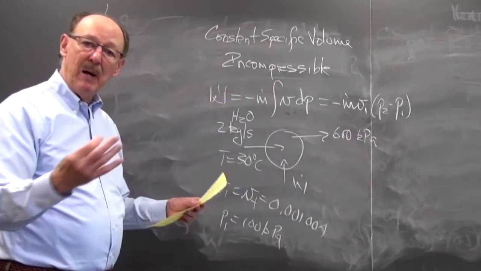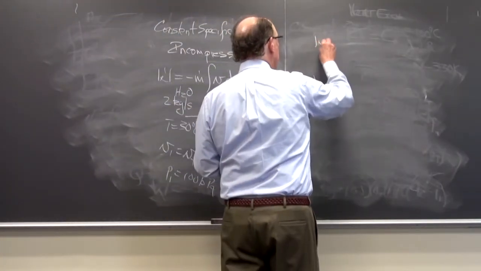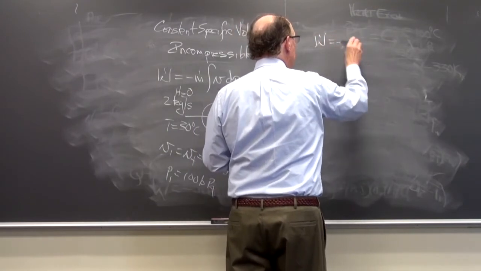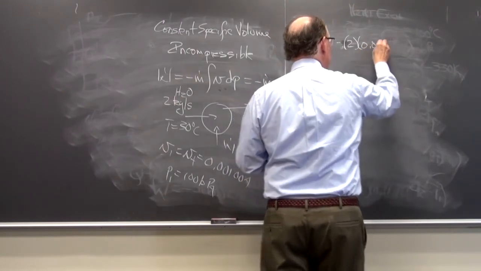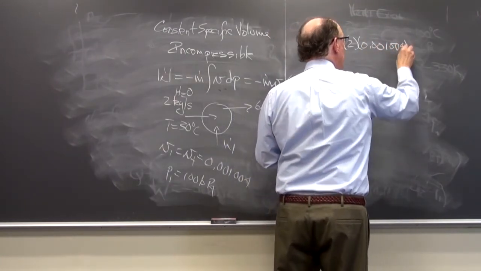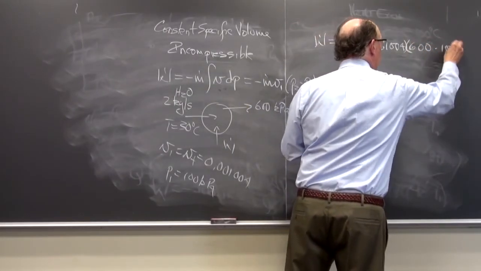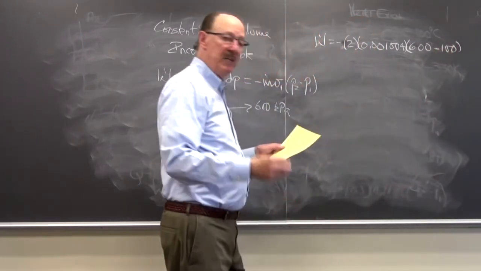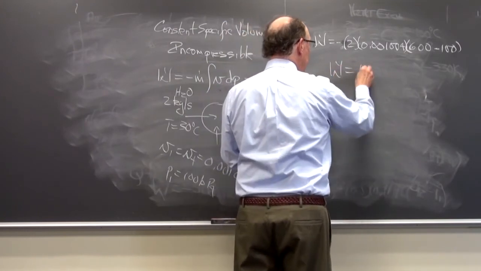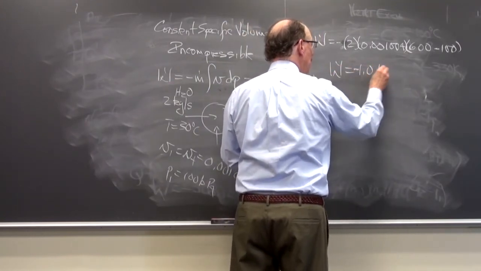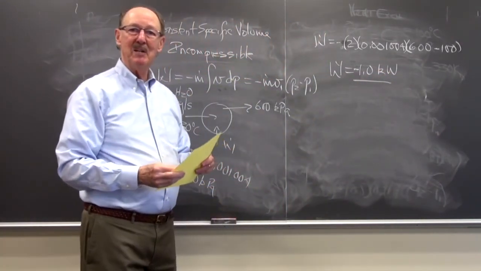I can find the power by simply substituting in. The power is equal to minus 2 times the specific volume 0.001004 times (600 minus 100). I multiply that out, and we get that the power is equal to minus 1.0 kilowatts. I didn't plan to have it be 1.0 kilowatts, but the numbers turned out to be that way.